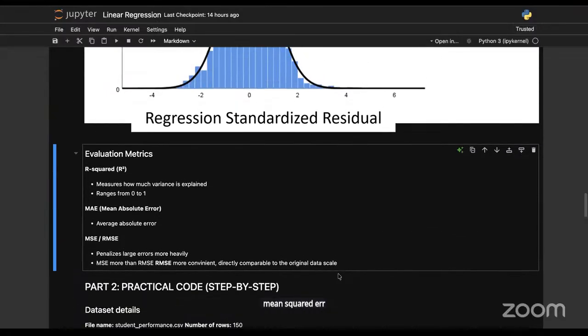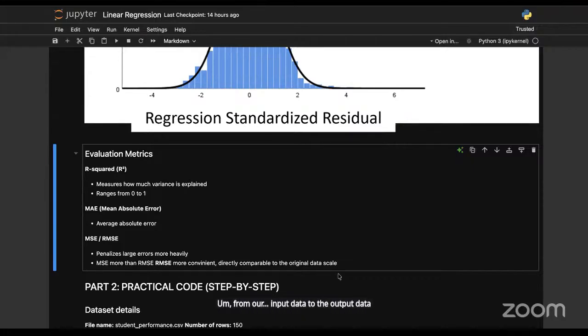Hopefully, I don't cover it too much, there are definitions and formulas in the content, but R squared measures how much variance is explained from our input data to the output data.